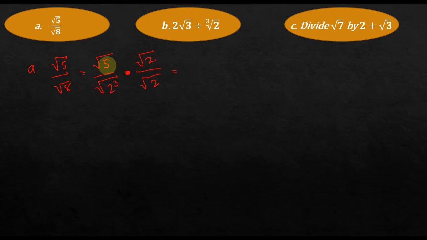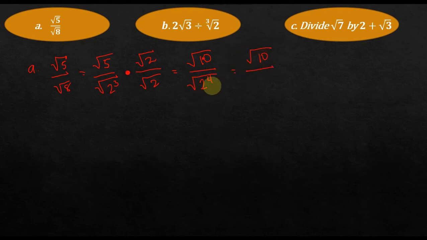Equals, multiply the numerator, square root of 5 times square root of 2, that is square root of 10, all over. Then we multiply the denominator. That will give us square root of 2 raised to 4. And then, of course, the exponent here is 4. The index is 2. So you can simplify this one to copy the numerator.